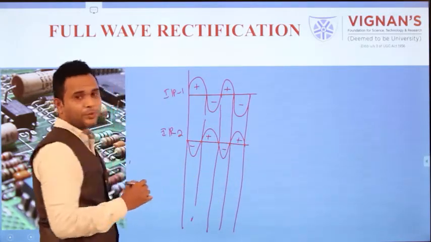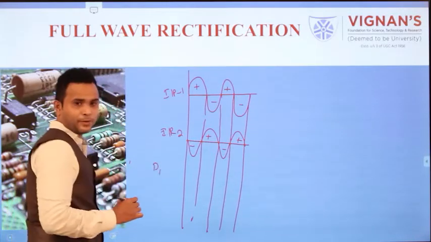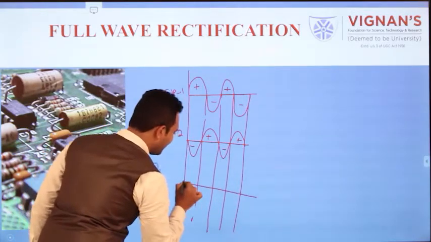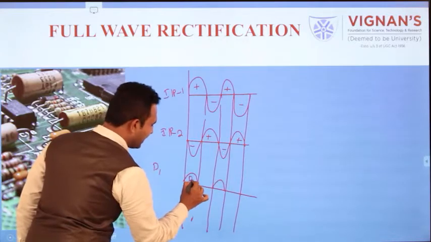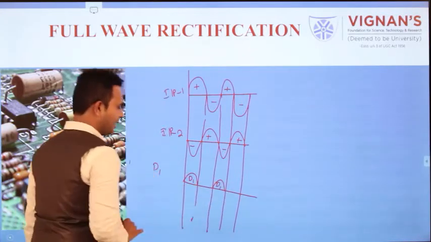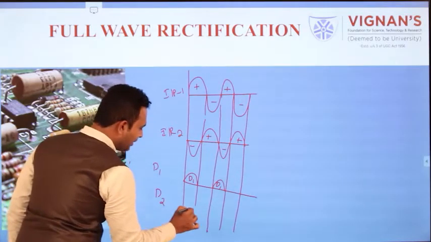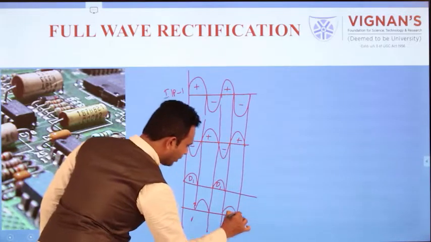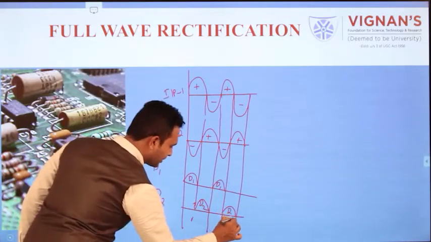So what is the output of the rectifier? Diode D1 is in forward bias for input 1. For diode D1 we are getting positive pulses, coming along with diode D1. For diode D2 we also get two outputs.